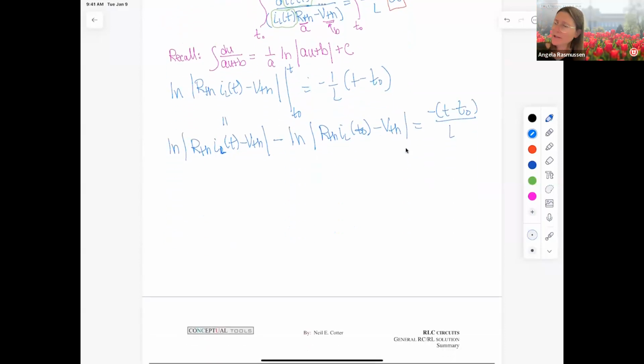So another property, if you guys remember from logarithms or natural logs: if you have a natural log number minus another natural log number, you can do a division between them. So another recall.